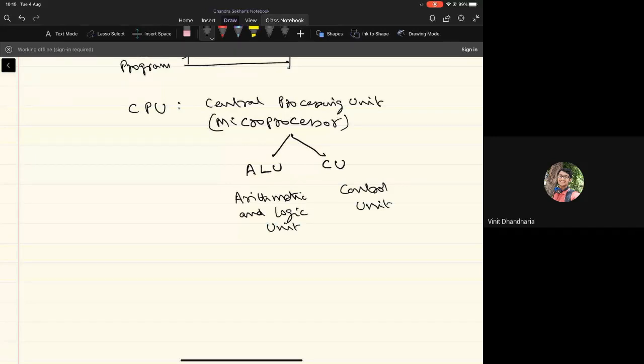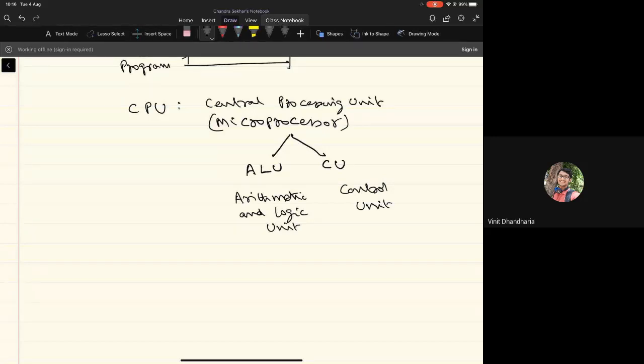Typically it will involve numeric data. The numeric data can be represented as whole numbers like integers, or as real numbers, which are also called the floating point representation of the data. So the arithmetic and logic unit will have the necessary circuits to perform the basic arithmetic operations on the integer type data and the floating point data.